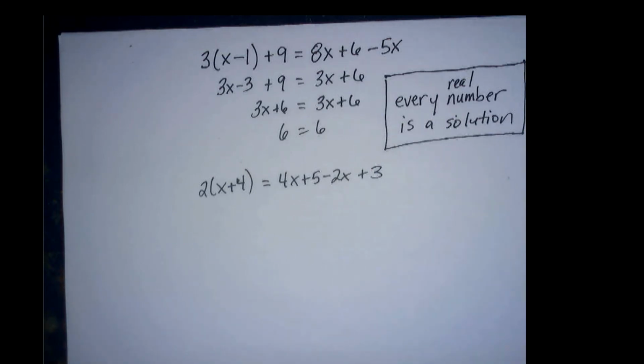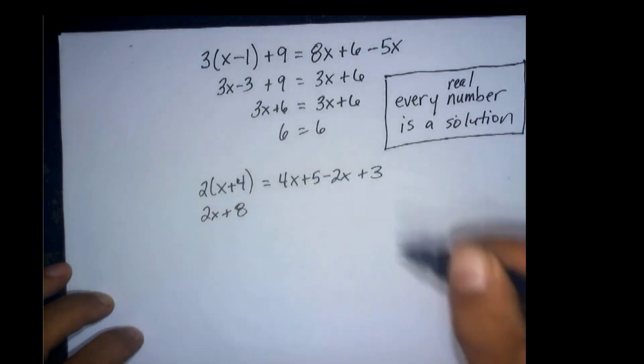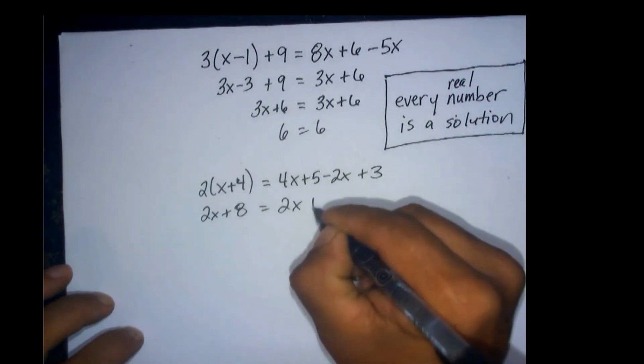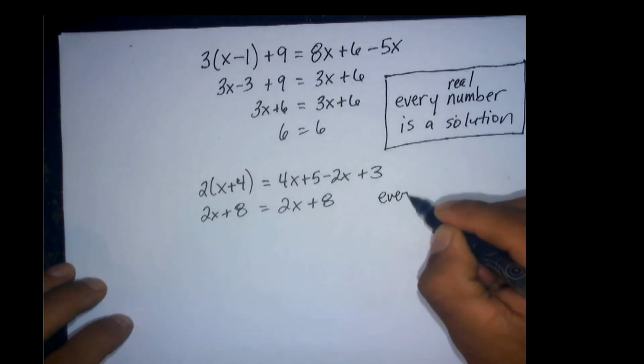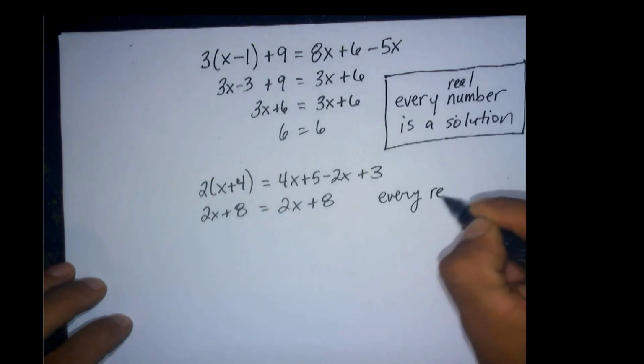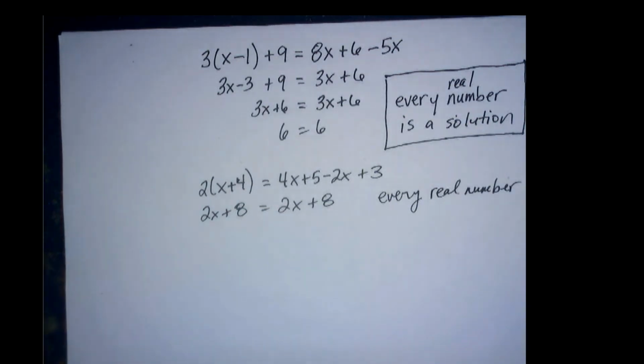Alright, so I get 2x plus 8 equals 2x plus 8. There we go. 8 equals 8. Every real number is a solution.